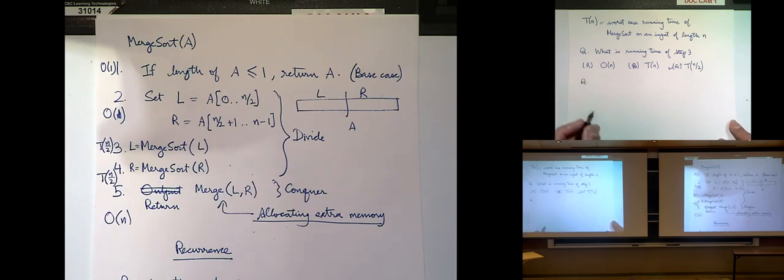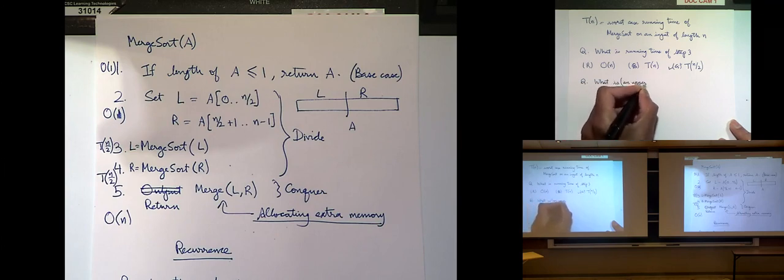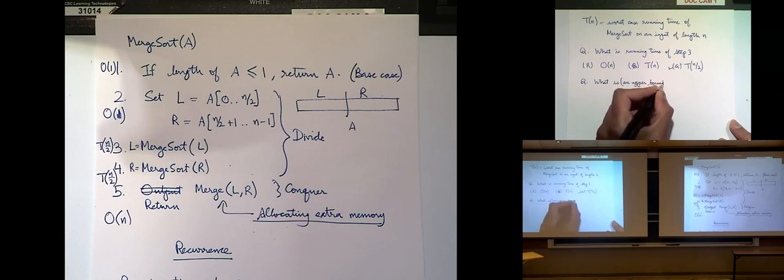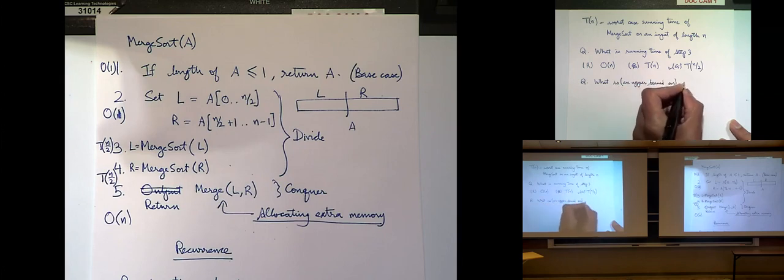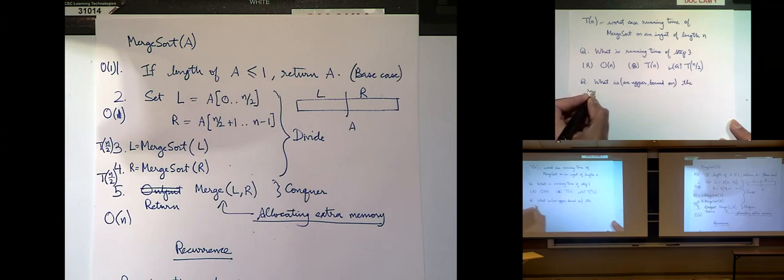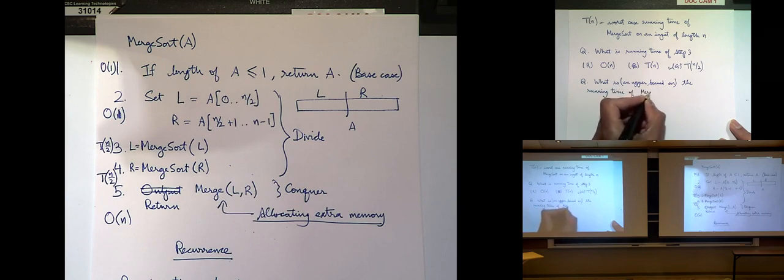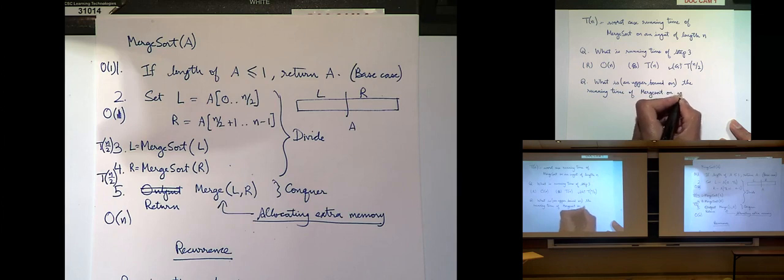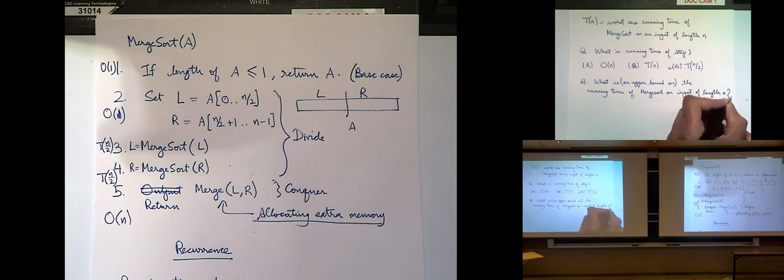Now the question is, what is, so technically, an upper bound on the running time of merge sort on input of length n?